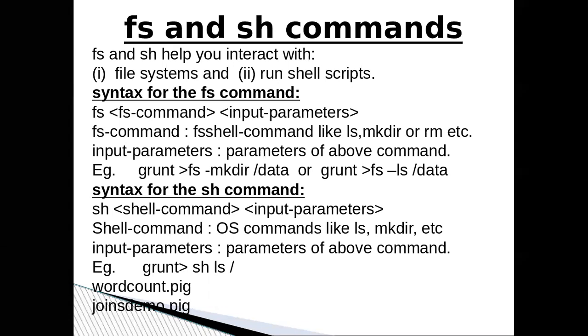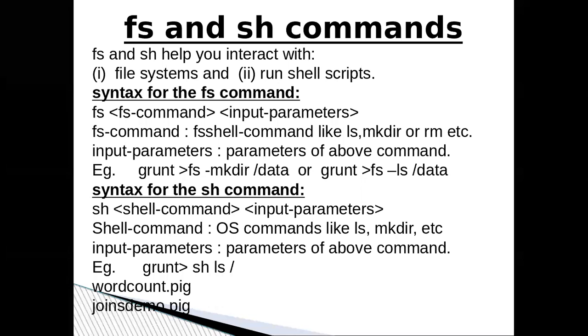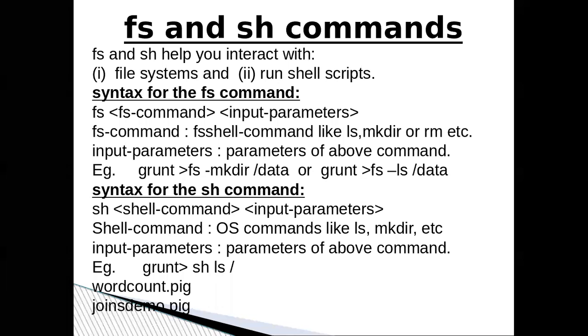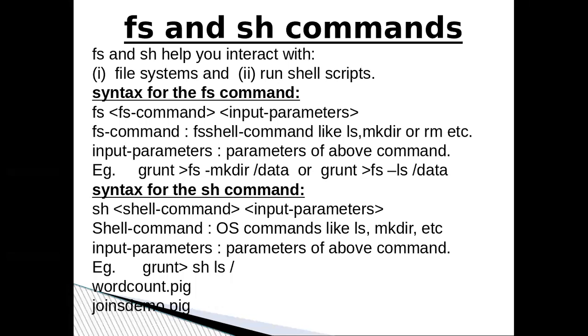And if you need to work with bash shell commands, you can start it with sh. The syntax is the same: just begin the command with fs and follow it up with a Hadoop file system command. And same with your shell command, just begin it with sh.